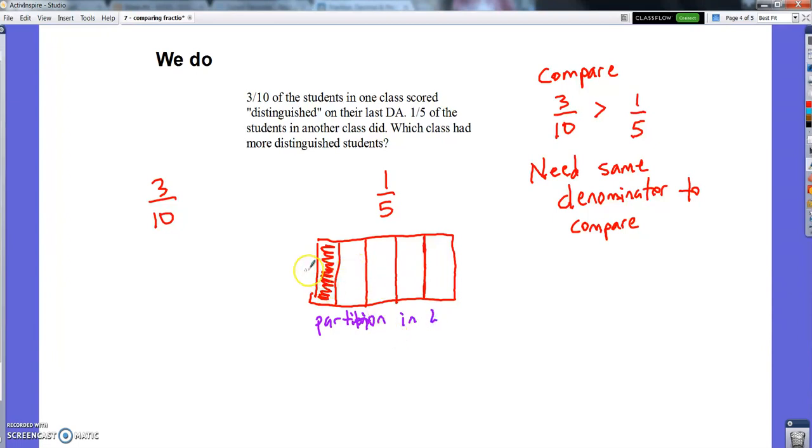So I'm going to cut it in 2, because if I cut it that way, now I've got 10 pieces. Instead of having 5 pieces with 1 shaded, now I have 10 pieces with 2 shaded. And it's easy now to compare 3/10 to 2/10. I can obviously tell that the 3/10 class had more distinguished.